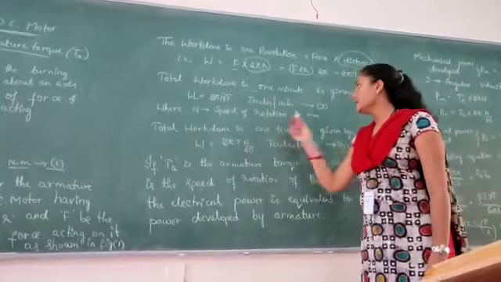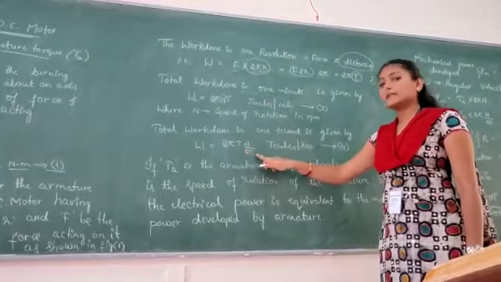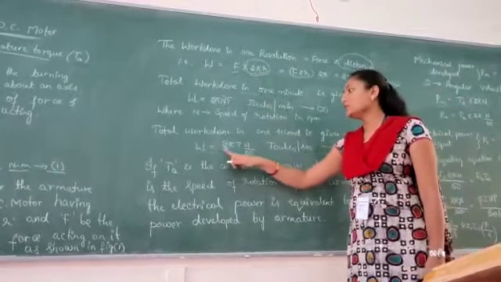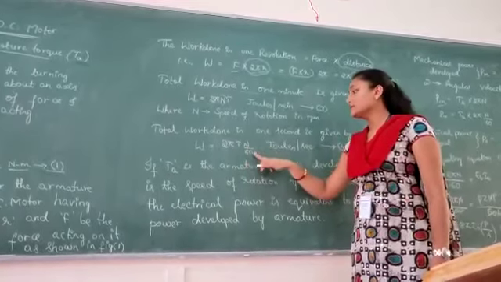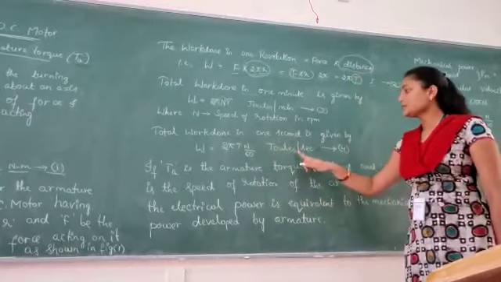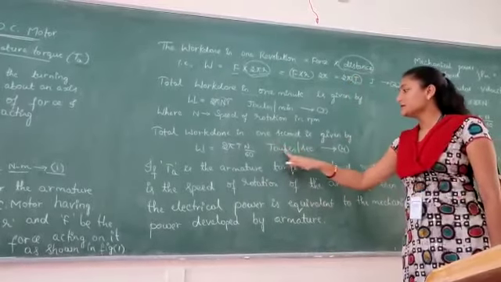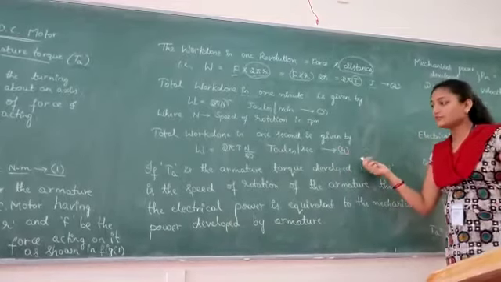Therefore, dividing equation 3 by 60, where 60 is the number of seconds in a minute, W is equal to 2 pi T N by 60, where N by 60 is revolutions per second. Therefore the equation is in joules per second. We call this equation 4.